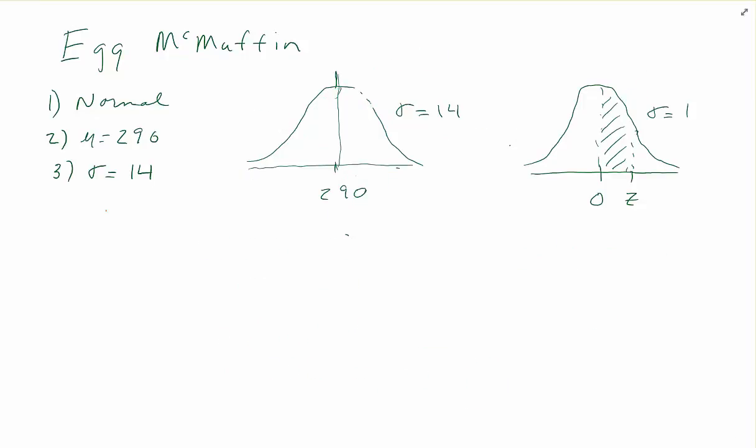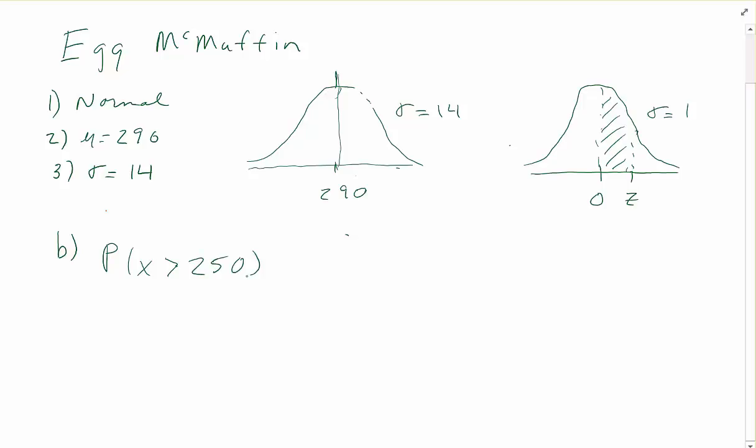Okay, for part B, what is the probability that there is more than 250 calories in a particular serving? So the probability that X is greater than 250.